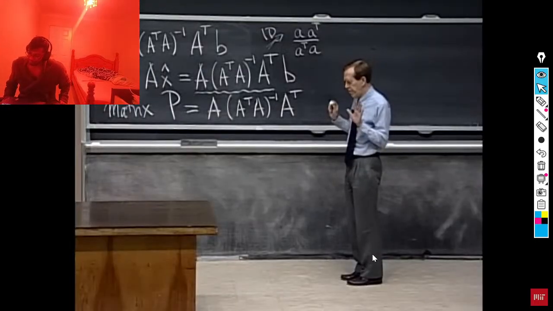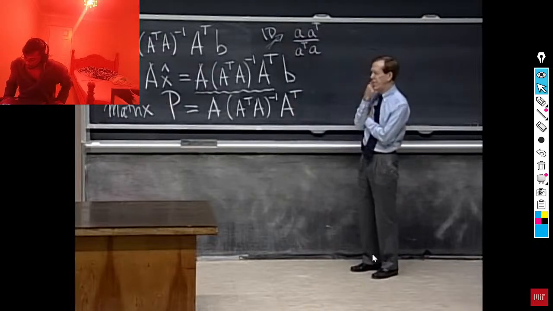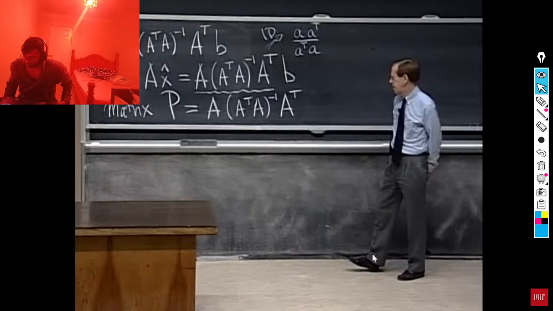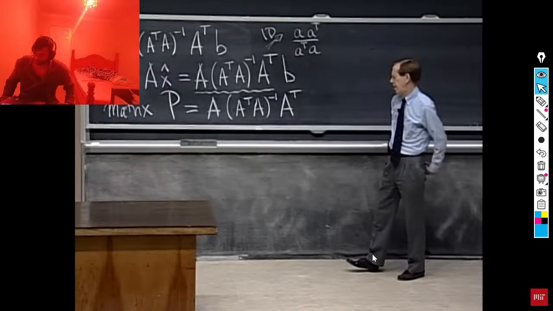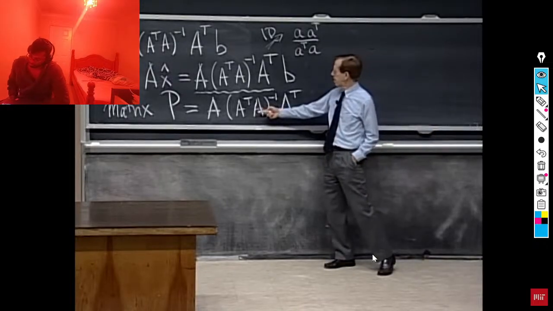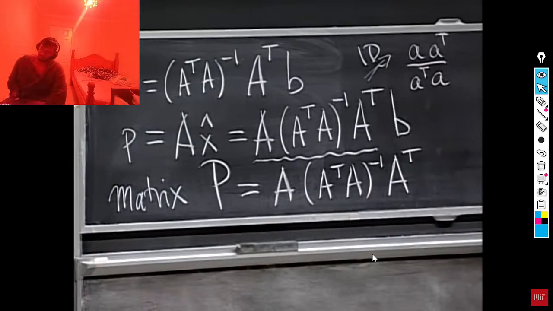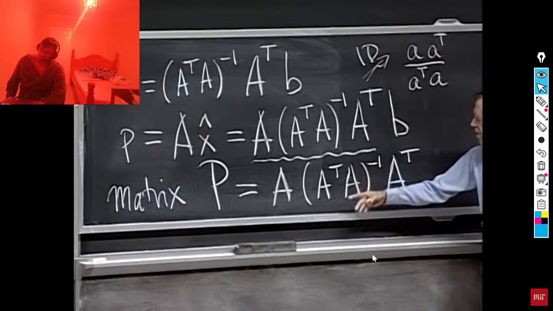Now, if you'll bear with me, I'll think about what I have done. The first thing that occurs to me is something bad. Here's a product of two matrices and I want its inverse. Why don't I just use the formula I know for the inverse of a product and say, okay, that's A inverse times A transpose inverse?